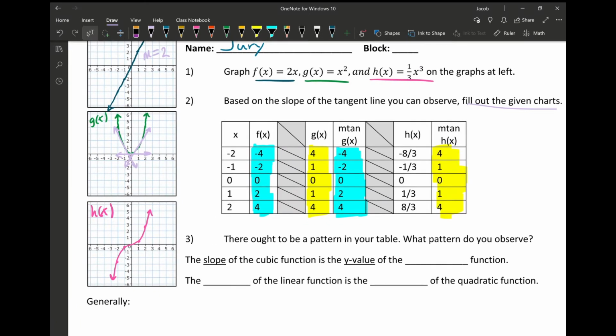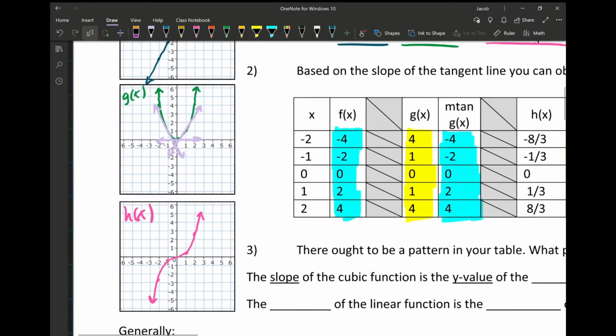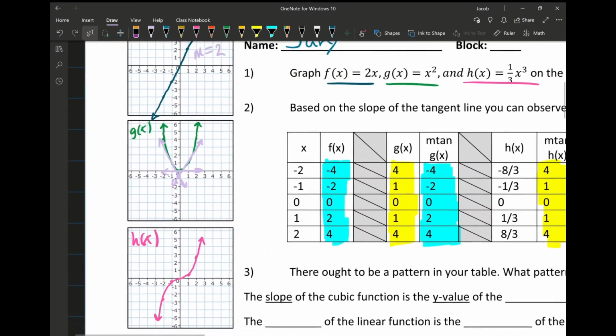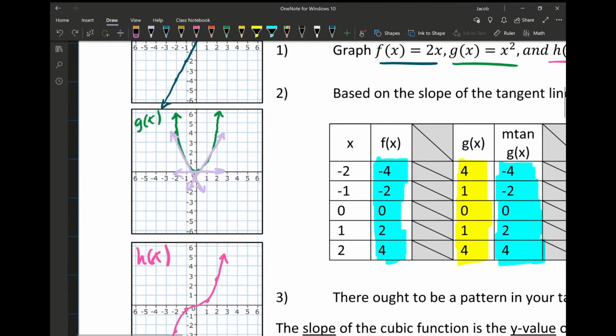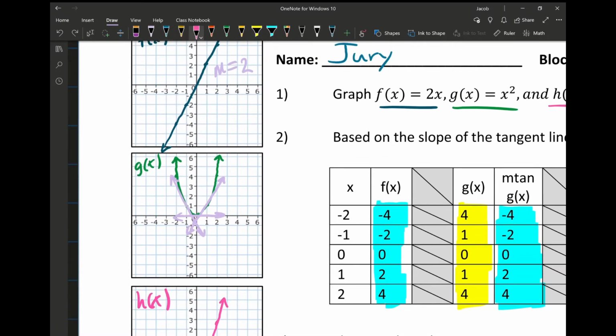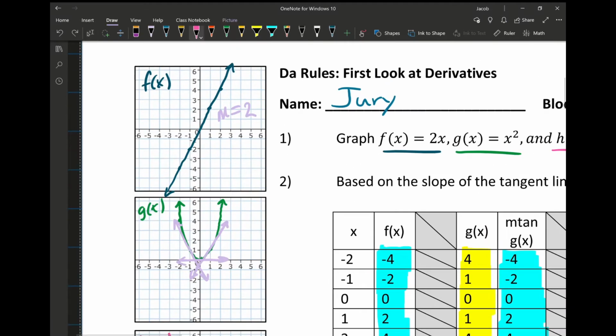Now, if we look at this visually, the slope values, these purple slope values, so at 0 we have a slope of 0. On the y values of f of x, there's a y value of 0.